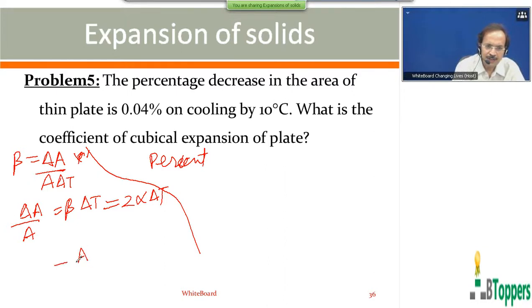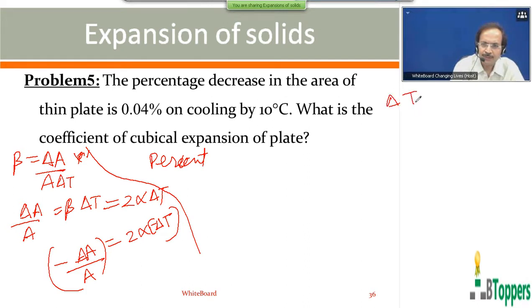If you multiply both sides with a minus sign, you can write minus delta A by A is equal to 2 alpha into minus delta T. Change in the temperature means final temperature T dash minus original temperature T. When the solid is cooled, the final temperature T dash will be smaller than the initial temperature T. Then delta T will be negative.